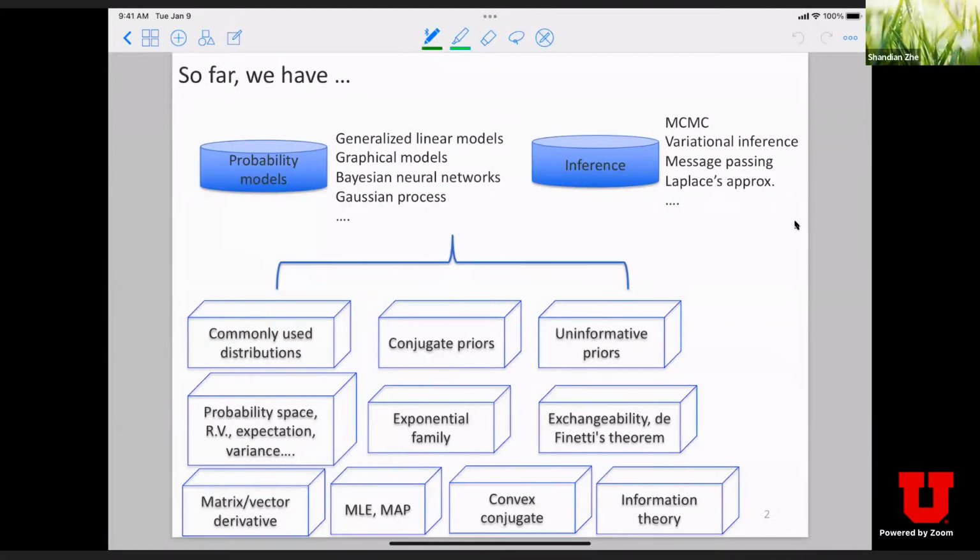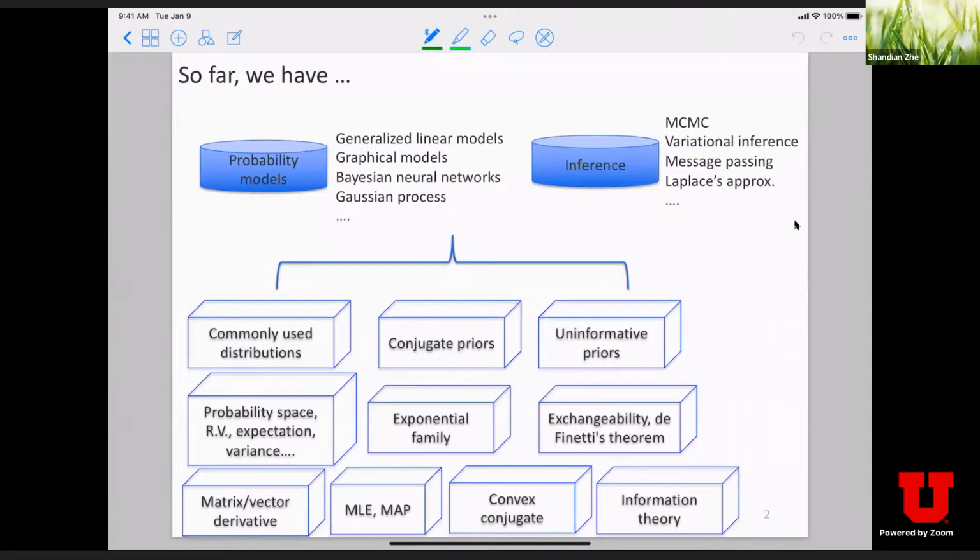At the bottom, we talked about very basic stuff like matrices, vectors, derivatives, MLE, MAP, convex conjugate, and important concepts in information theory. Then we reviewed the definition of probability space, what a random variable is, expectation, variance, and their general properties.